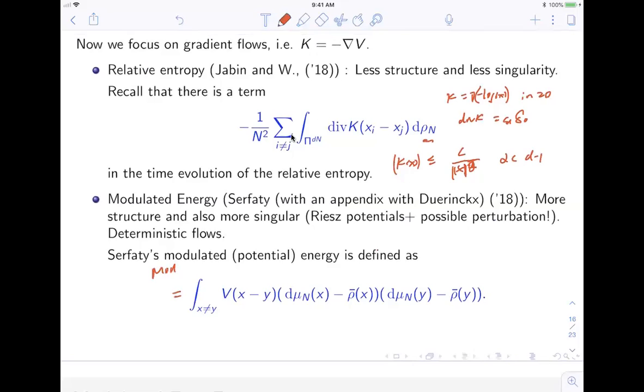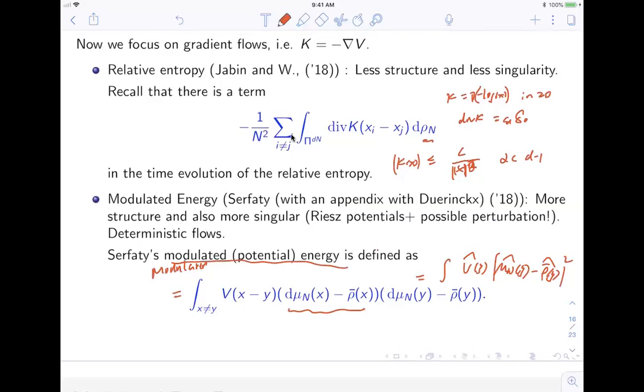If you see this in Fourier, this is some weighted Fourier norm of the difference of this measure, or not necessarily a probability measure. And we combine those two methods.